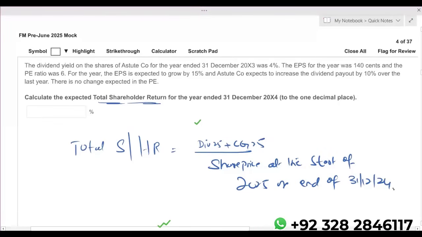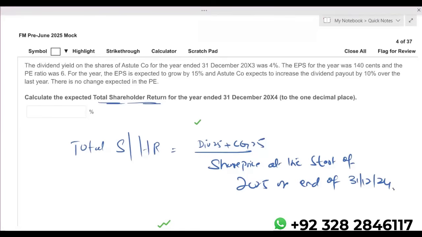So actually, when I'm calculating the total shareholders return for 2025, how will you apply that formula? That is very important. I need to know the share price at the start of 2025. Then I need to know what is the dividend at the end of 25 and what is the expected capital gain at the end of 25.